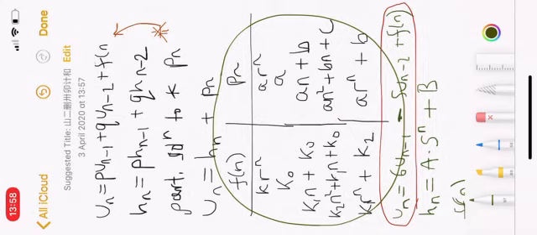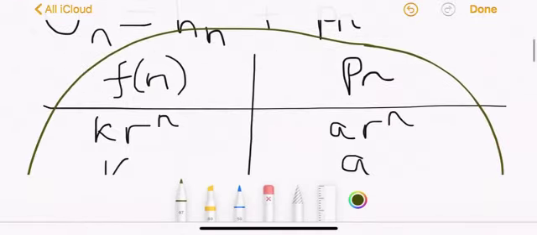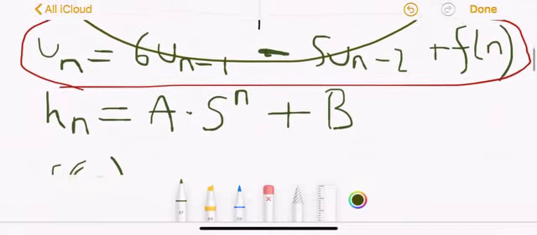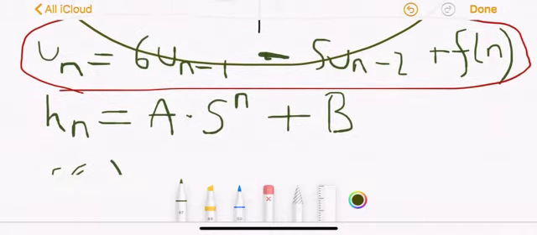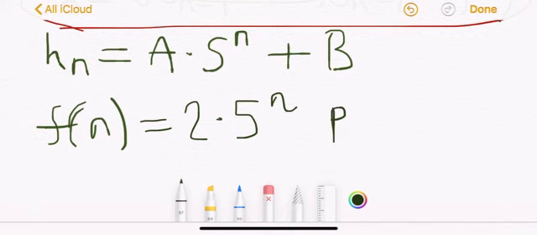So I'm going to use the same recurrence relations as before. I'm going to take the recurrence relation here that we used before, but in this case we're going to consider when f of n is equal to 2 times 5 to the n. Normally you'd want to consider a particular solution here of a times 5 to the n.